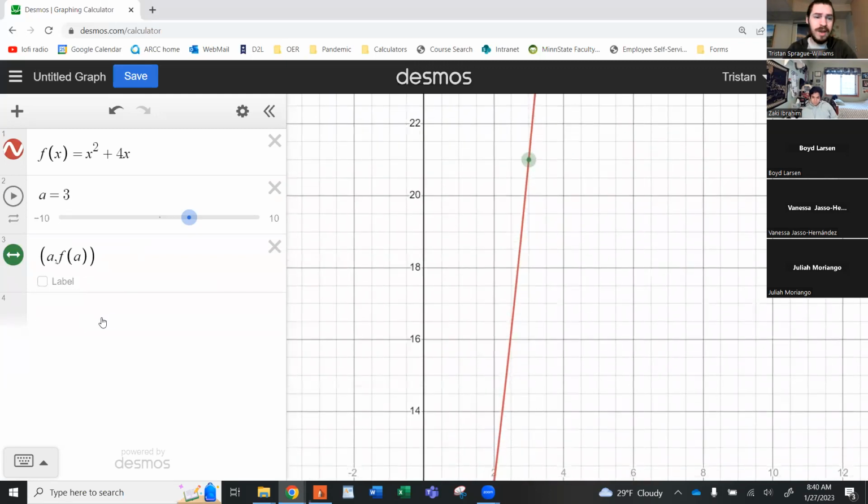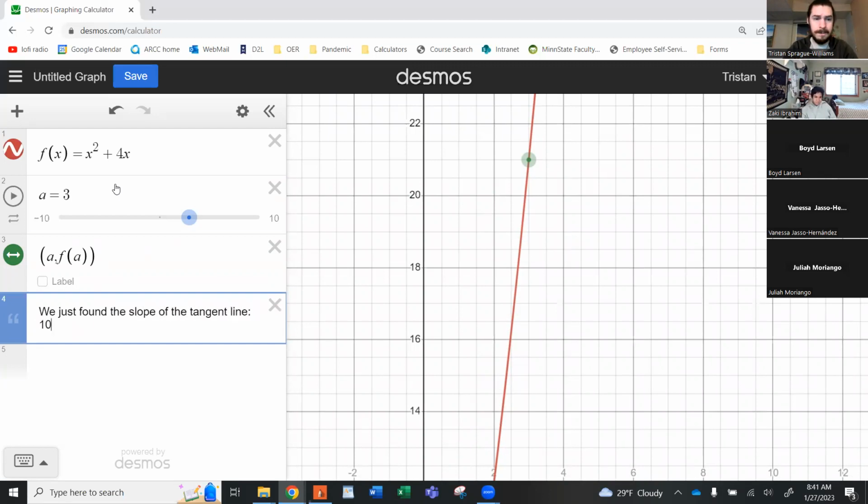And what we just found is the slope of the tangent line, 10. That's what we just found out, right? So now one way we can check it is to graph that tangent line. How do you graph a tangent line?